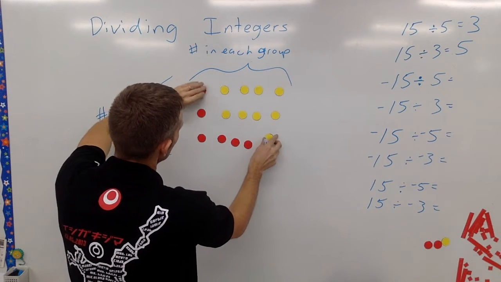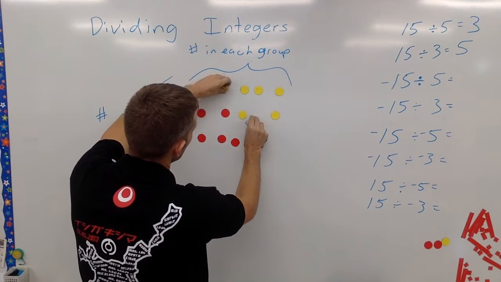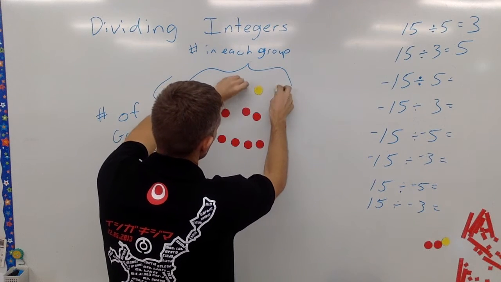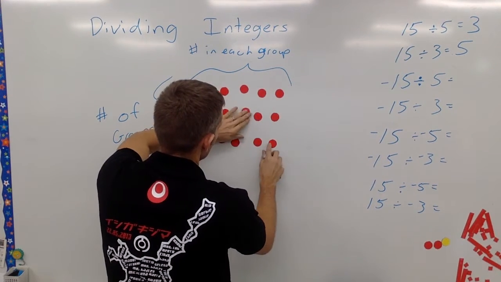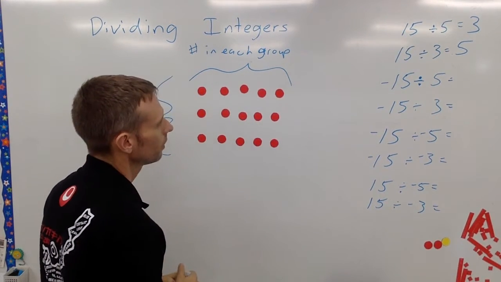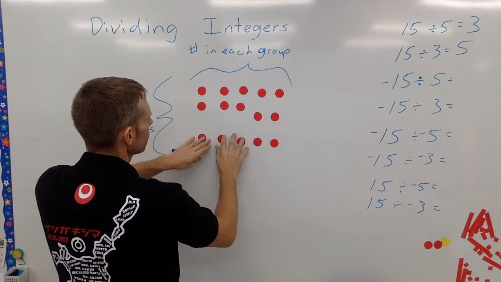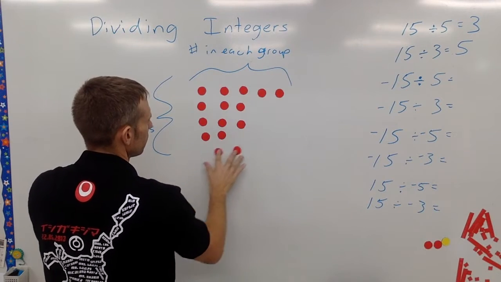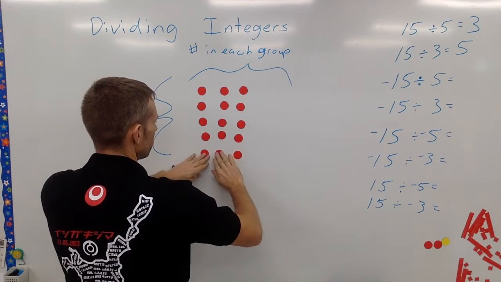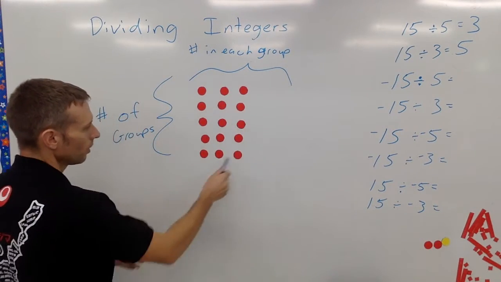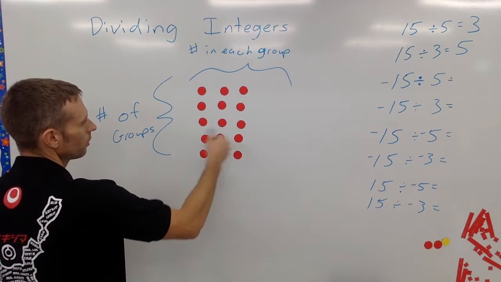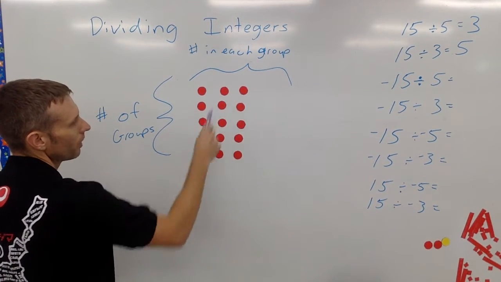Well, very similar. If I have negative 15 and I want to divide it into 5 groups, it will look like this. Negative 15 divided into 5 groups, 1, 2, 3, 4, 5.